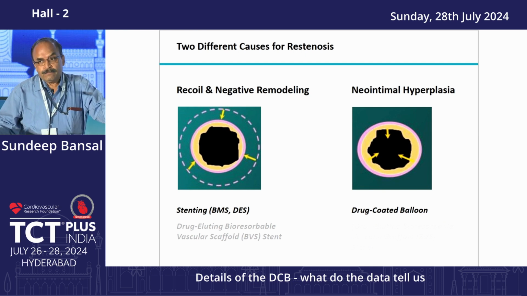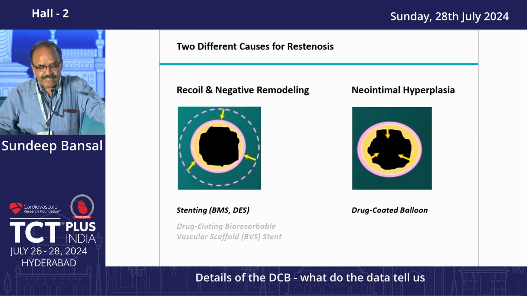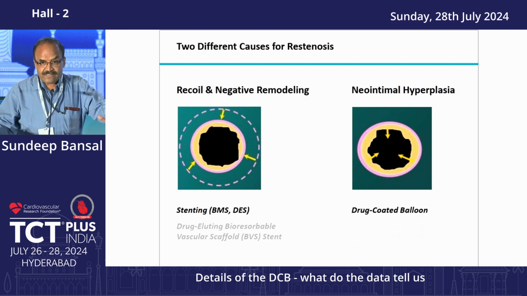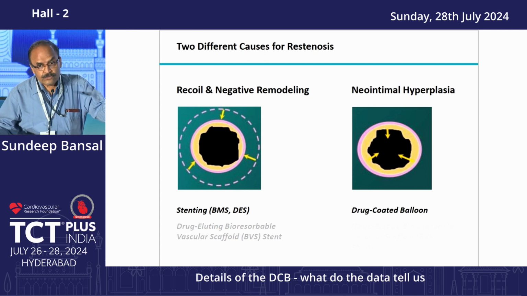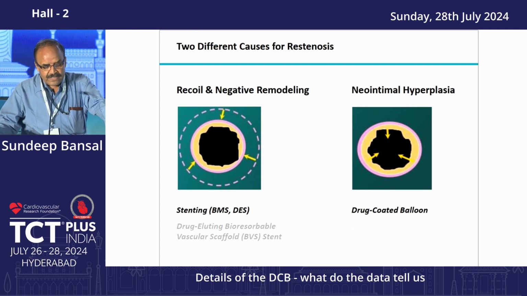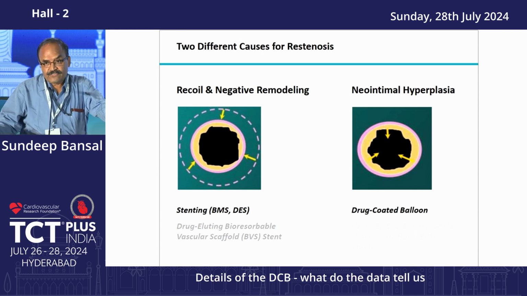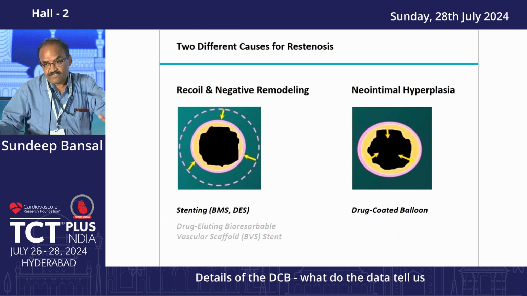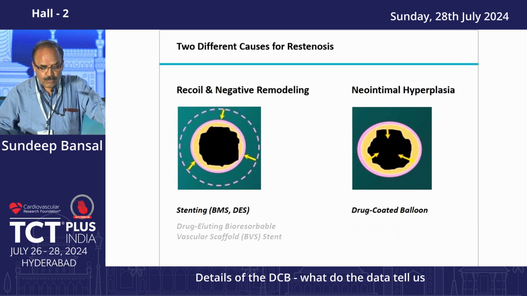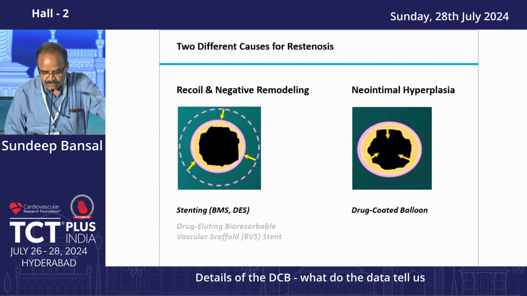Then came the drug-eluting stents, which intended to decrease the chances of neointimal hyperplasia. They did, but then they were associated themselves with a host of problems, and therefore we have the thought process of having bioresorbable vascular scaffolds, and more importantly now, the drug-coated balloons.